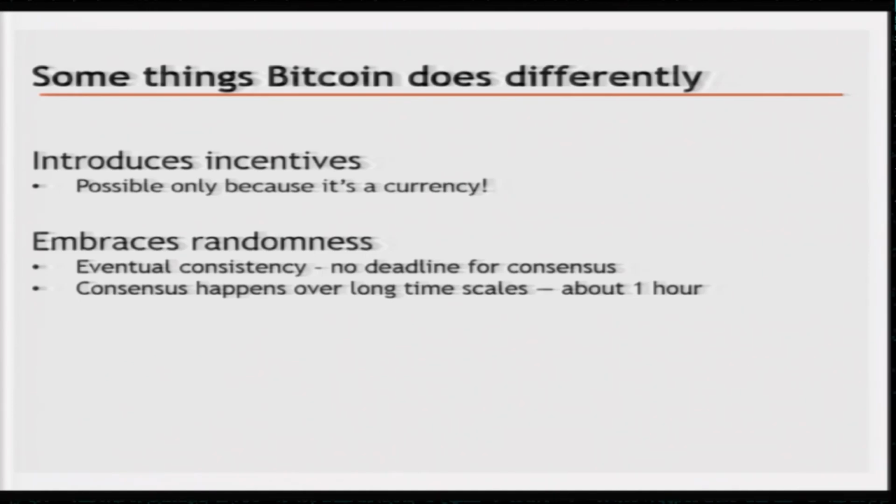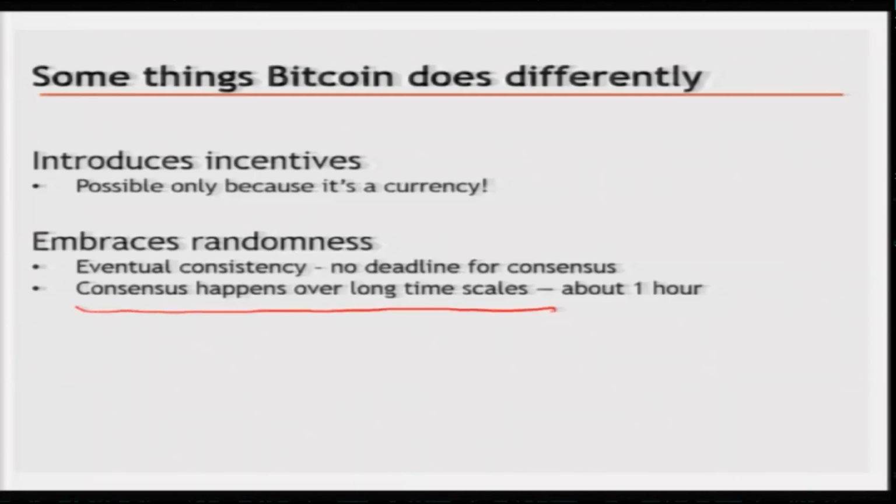We actually say that eventually, when you look at it in the long run, all the blockchain replicas should be the same, but we are not saying that at every round of consensus at the end everybody will have the same replica. This is called eventual consistency, and this is another relaxation from the original problem, because we are not saying that it has to be round by round consensus.